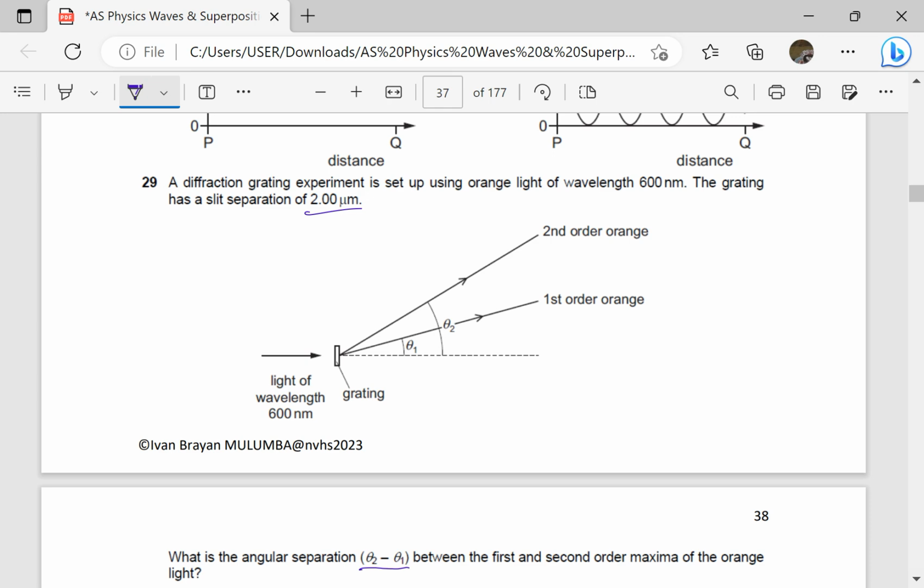Okay, so we know that n lambda for a diffraction grating is equal to d sine theta. So for the first order, n is 1, wavelength is lambda, d is the same, and sine theta, theta is θ1. So θ1 is going to be sine inverse of lambda divided by d.